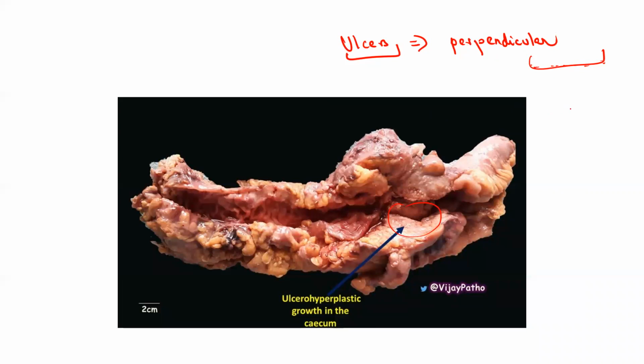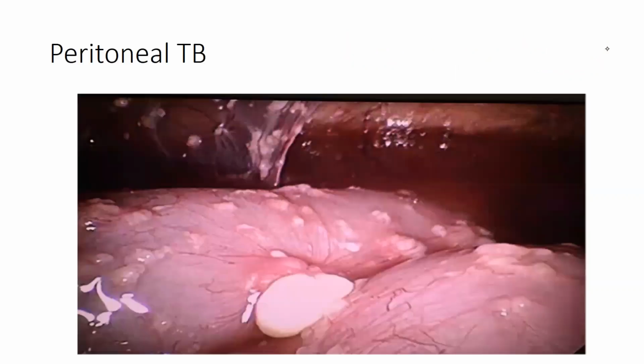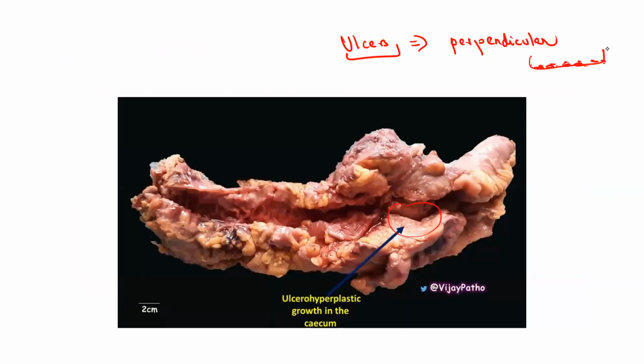What happens is that initially there will be ulcers, and when these ulcers start healing, that results in strictures. Suppose I show you a segment of the intestine.